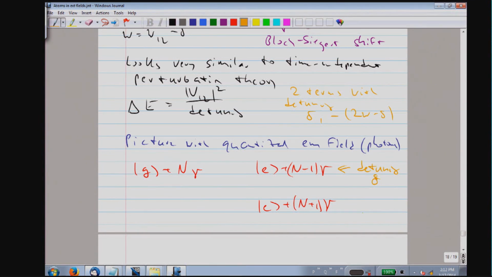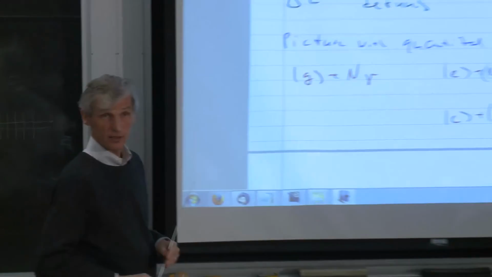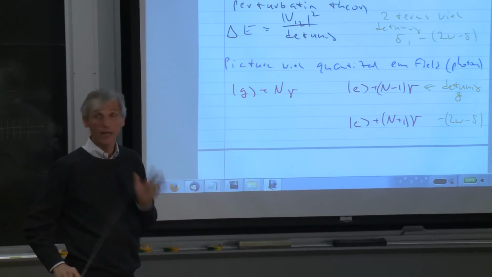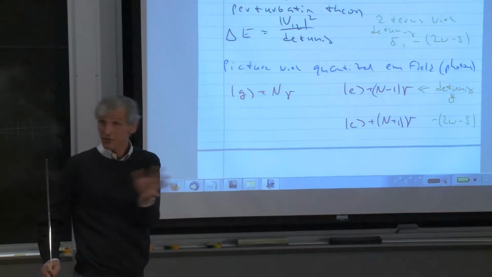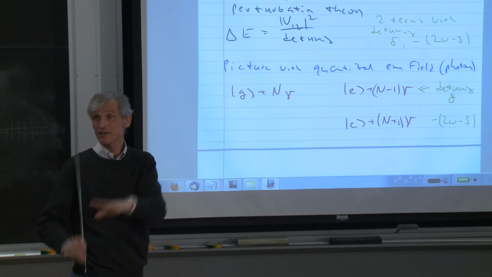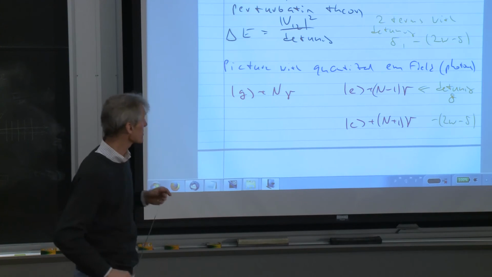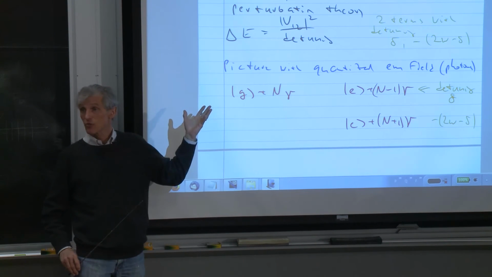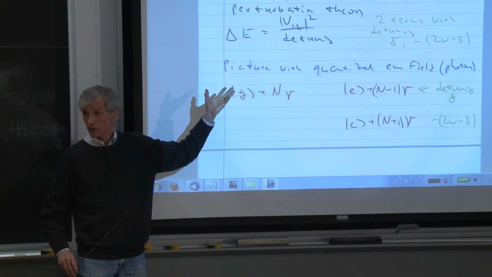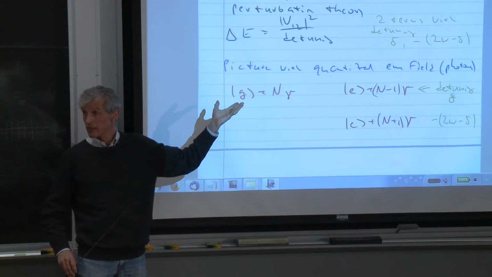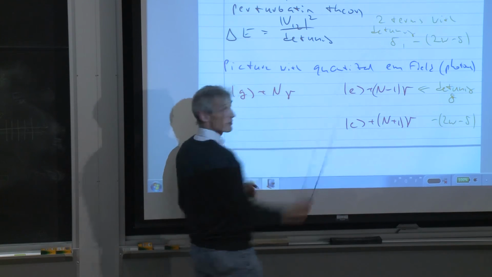Actually, if we were on resonance, the detuning would be just 2 omega, but if we are detuned, there is the delta. So in other words, if we would do time-independent perturbation theory, I'm not doing it here, and I leave all the beauty to when we discuss the dressed atom picture in its full-fledged version, but all I'm telling you is that the result for the AC Stark shift looks like time-independent perturbation theory with those two detunings.